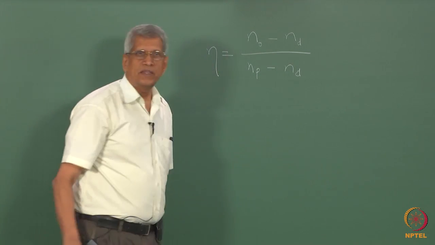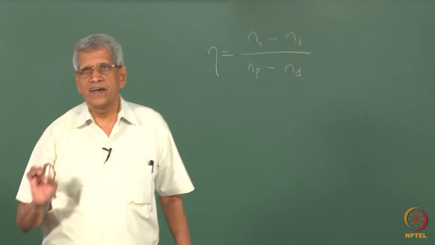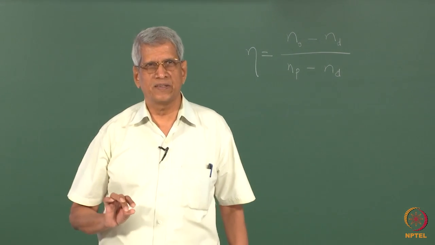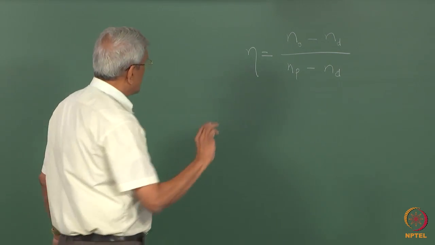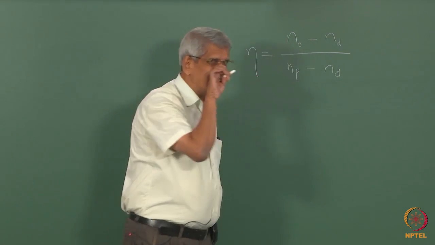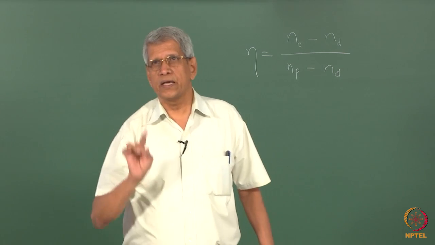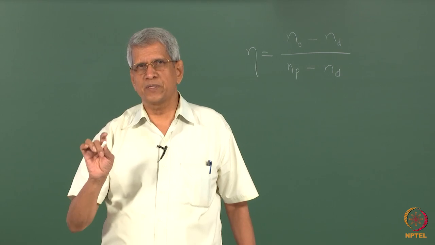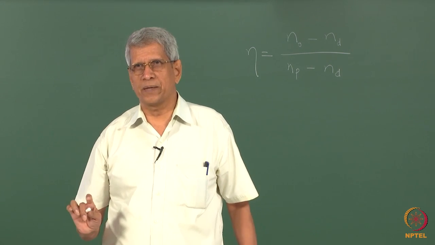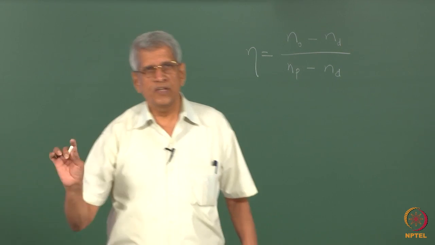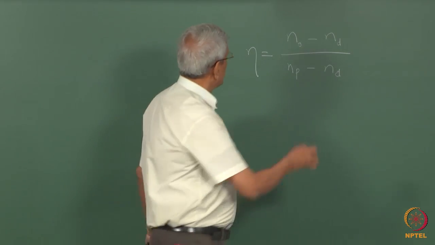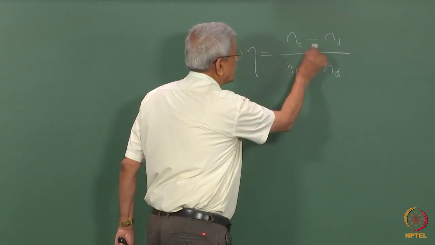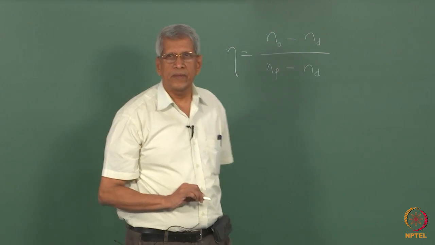Np decides, when there is a perfect order, how many A atom sites are occupied, how many B atom sites are occupied. And this No decides, in the ordered alloy, how many A atom sites or B atom sites are actually occupied. If it is perfectly ordered, then this No will be equal to Np, correct? So this ratio will turn out to be 1.